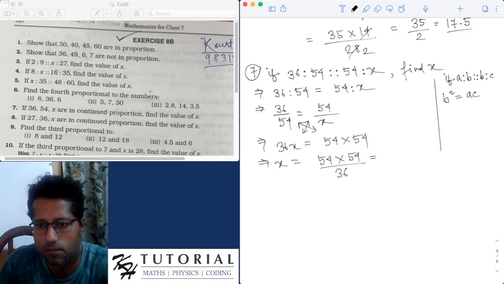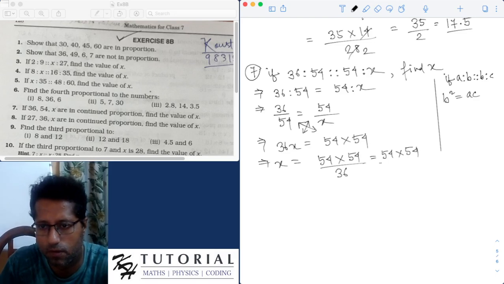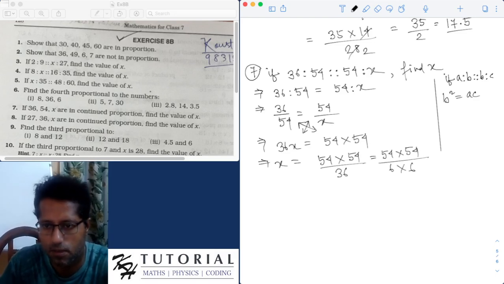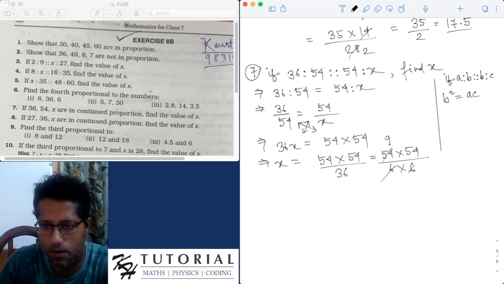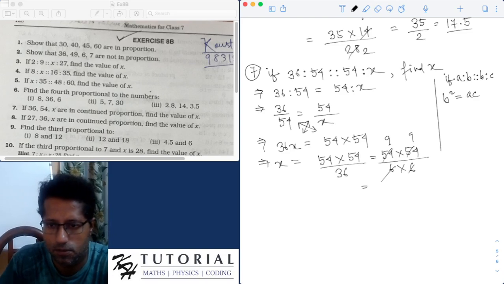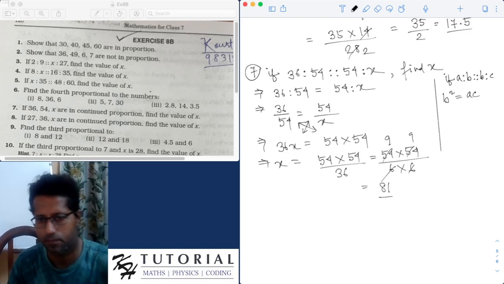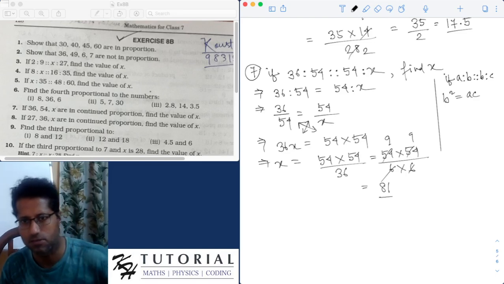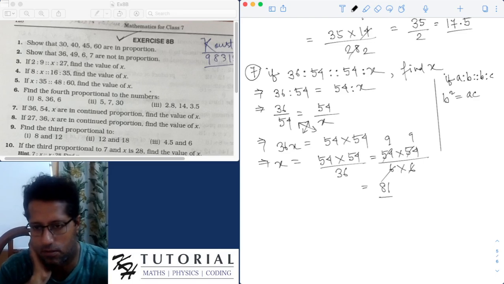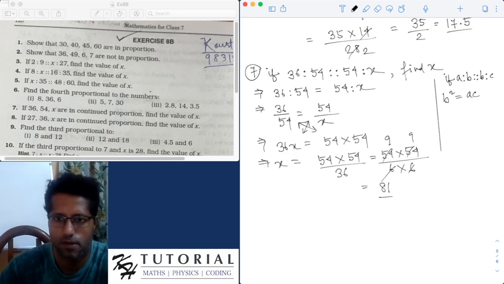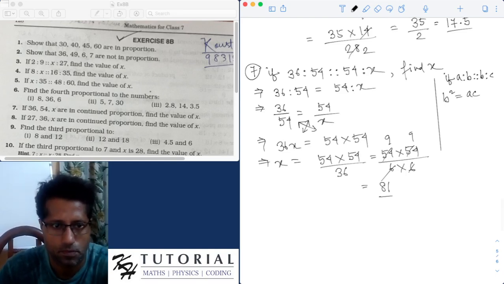Now this is nothing but 54 multiplied by 54 divided by 6 into 6, and we can cancel this by 9, this by 9. So this is 81. x is 81. So we say that 36, 54 and 81 are in continued proportion. Okay.